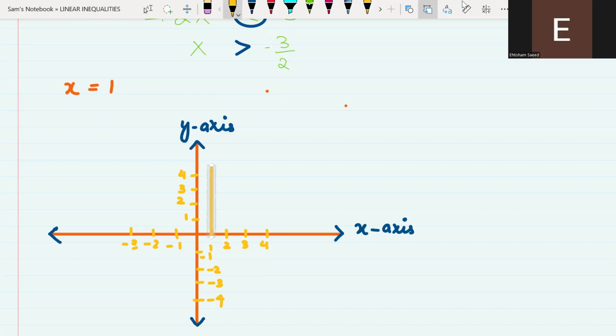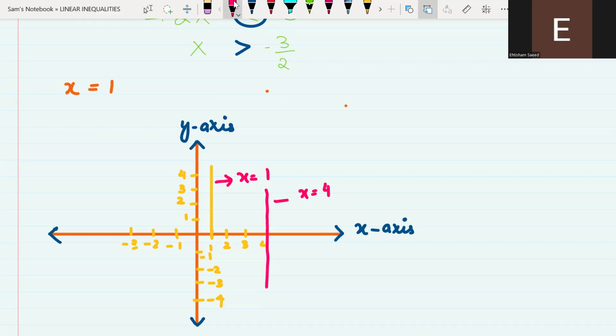So it is a totally vertical line that is passing through x is equal to 1. I can call this line x is equal to 1. If I draw another vertical line that is passing through 4, what do we call it? We will call it x is equal to 4. Got it?